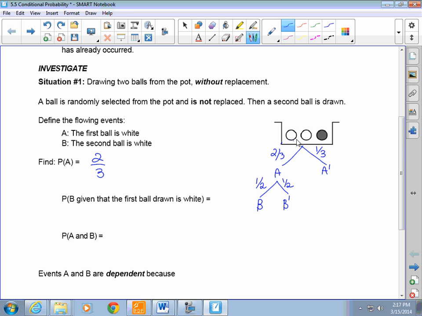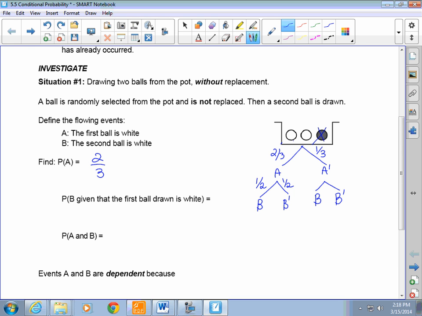So on the other end, if on that first selection I didn't get a white ball, that would mean I got a gray ball. Then for event B to happen, which would be that the second ball is white, given that I didn't select a white ball in the first one, I have 2 white balls left and I'm going to pull one of them.